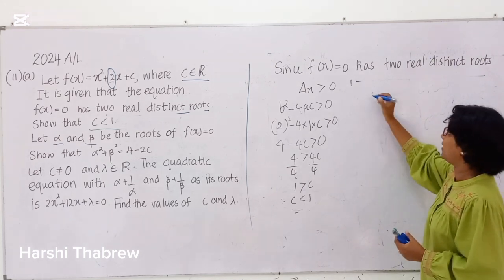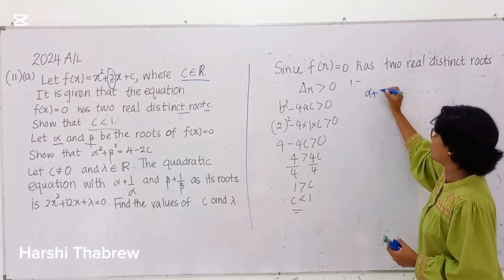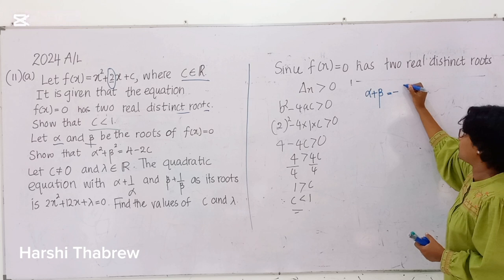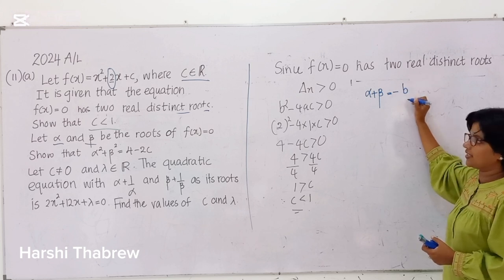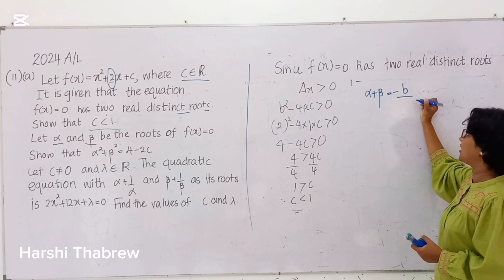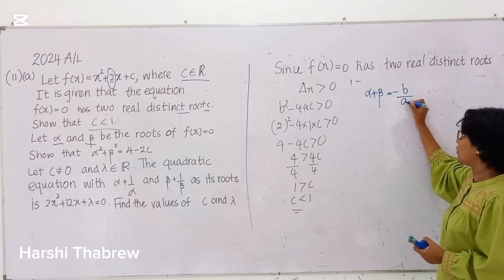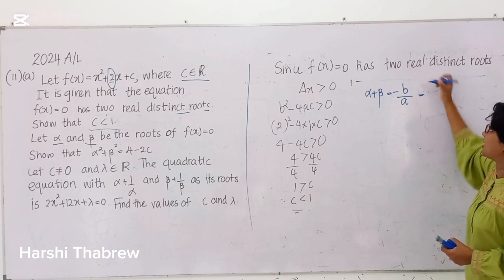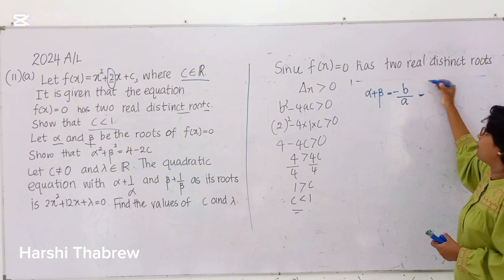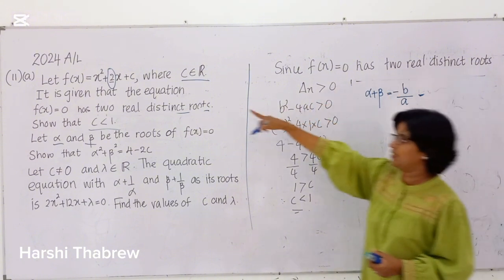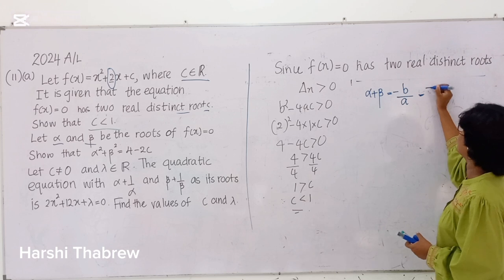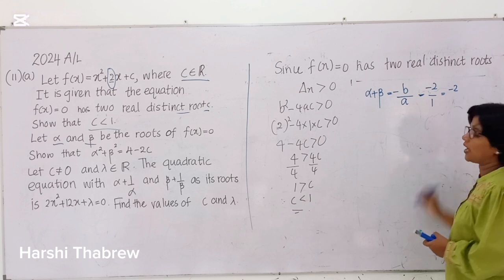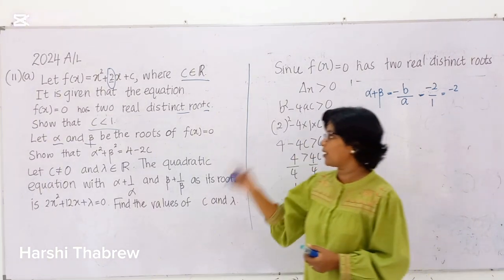The sum of two roots, alpha plus beta, equals minus the coefficient of the second term over the coefficient of the first term. So it's minus b over a. Minus b, there is 2, minus 2 over 1, it's minus 2. So alpha plus beta equals minus 2.